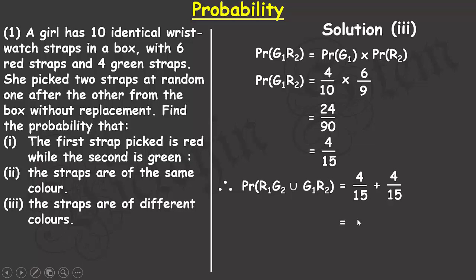So 4 plus 4 is 8 divided by 15. Because the denominators are the same, you just add the numerators. Okay, I presume you know how to carry out addition of two fractions together. So the probability of the girl picking two straps of different colors is 8 divided by 15. That brings me to the end of the problem.